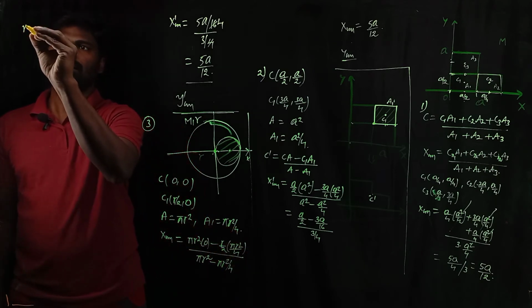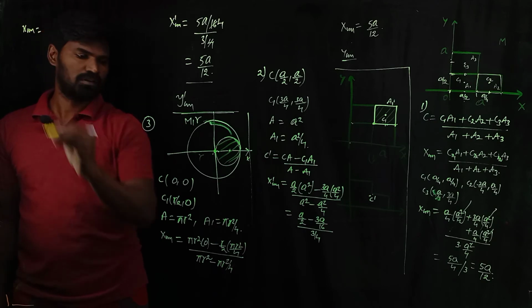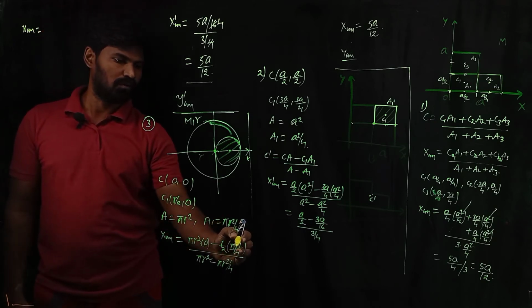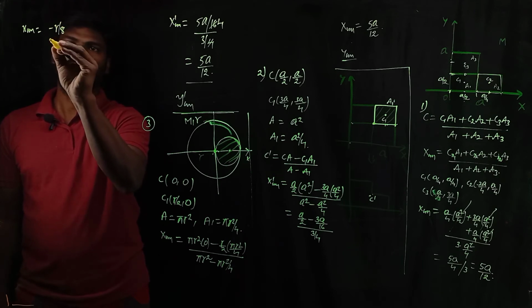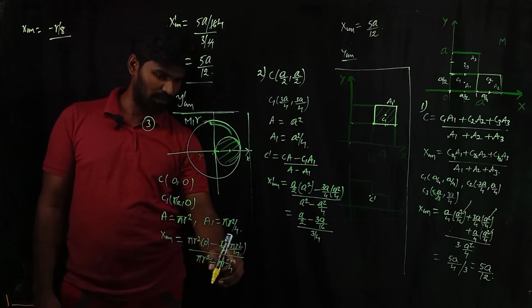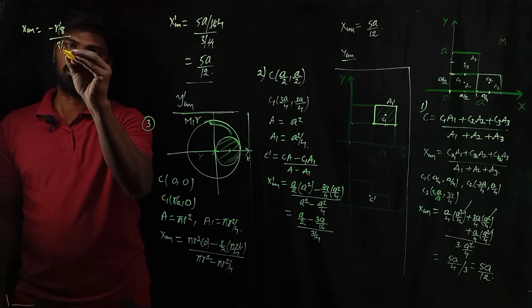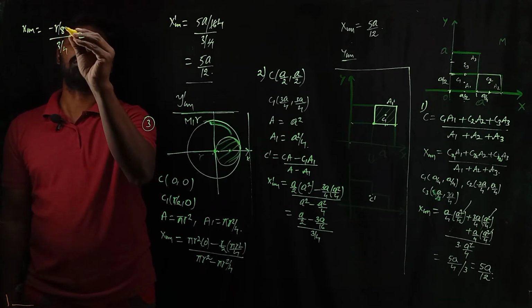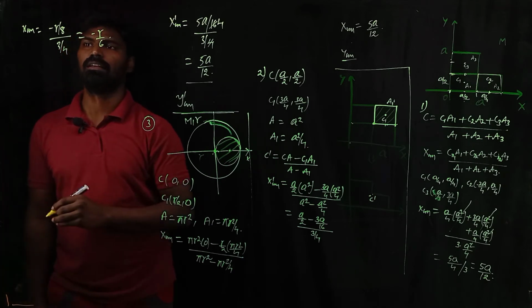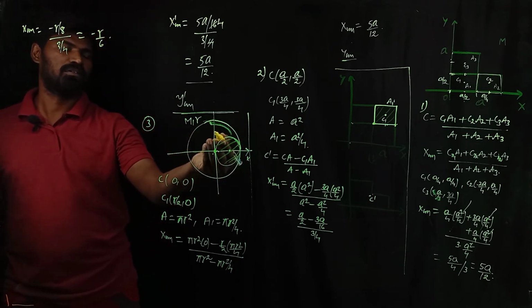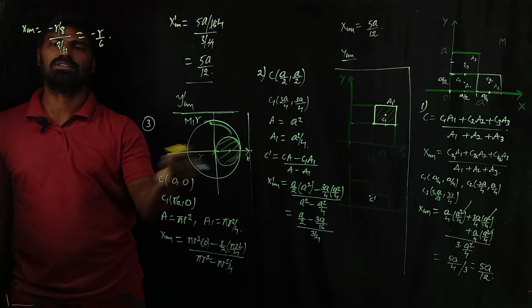Therefore x center of mass is equal to R by 2 into 1 by 4, which is R by 8, minus R divided by 8, divided by this value, how much is it? 1 minus 1 by 4, that is 3 divided by 4. That is equal to minus R divided by 6 you will be getting. Anyhow, out of symmetry, y center of mass is 0 only.